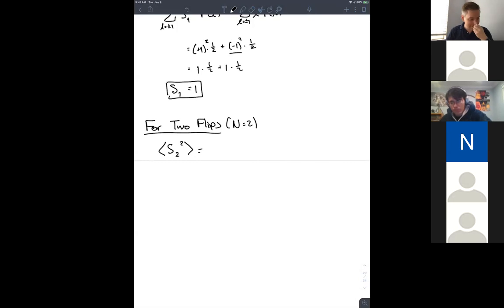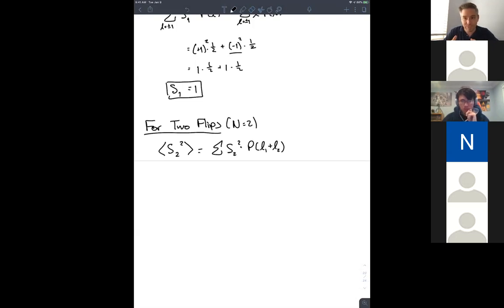Okay, and so now, again, we're going to take S sub 2 squared times the probability of getting whatever those 2 steps are that give you that value of S sub 2, right?